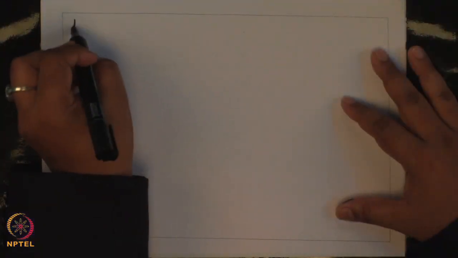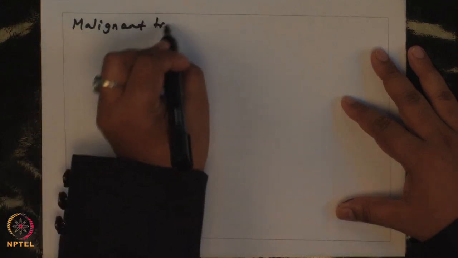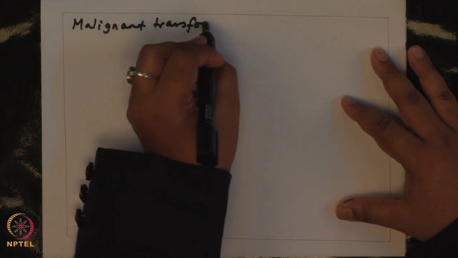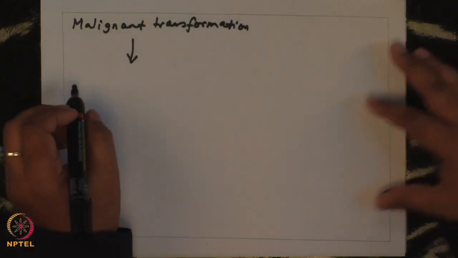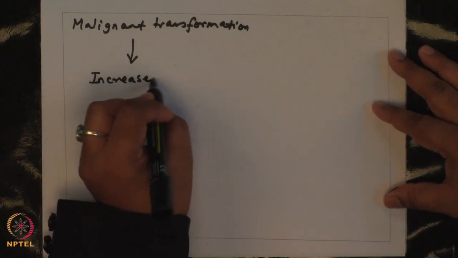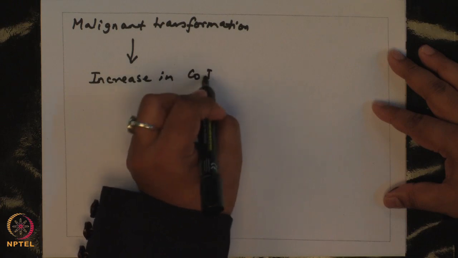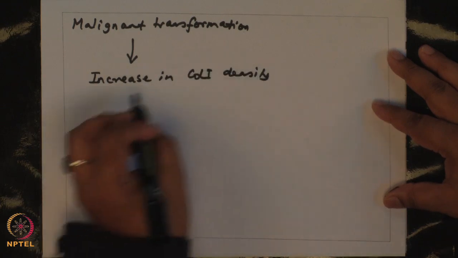And what they showed, so once you have this malignant transformation, it was associated with increase in collagen 1 density, and its cross linking.